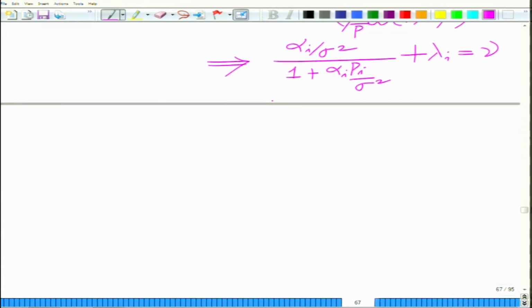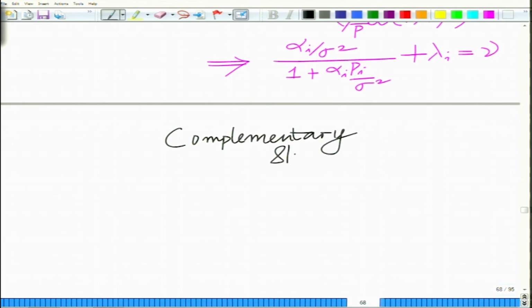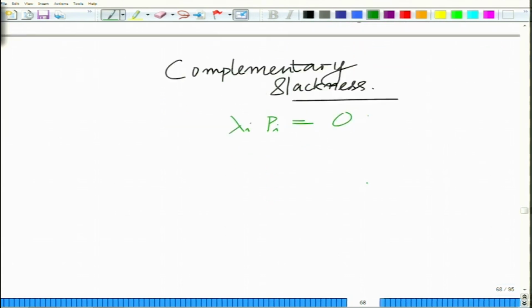Now remember the complementary slackness condition: lambda_i P_i equals 0. That is, either the constraint is slack or the Lagrange multiplier is zero, but not both. This implies something very interesting.